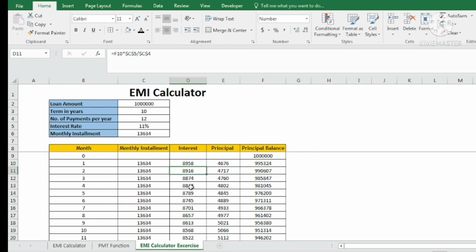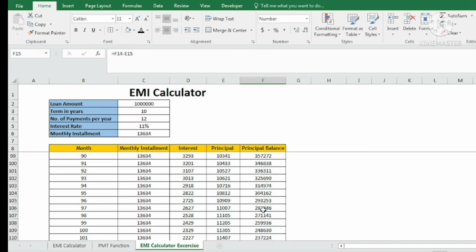Interest amount goes on reducing, principal amount keeps on increasing, because I am contributing my EMI out of that larger principal amount. The principal portion becomes higher as the number of months increases, and the remaining balance of the principal keeps on reducing, and this interest is always calculated on the remaining balance, that is the reduced balance. So this is how the EMI calculator is calculated.